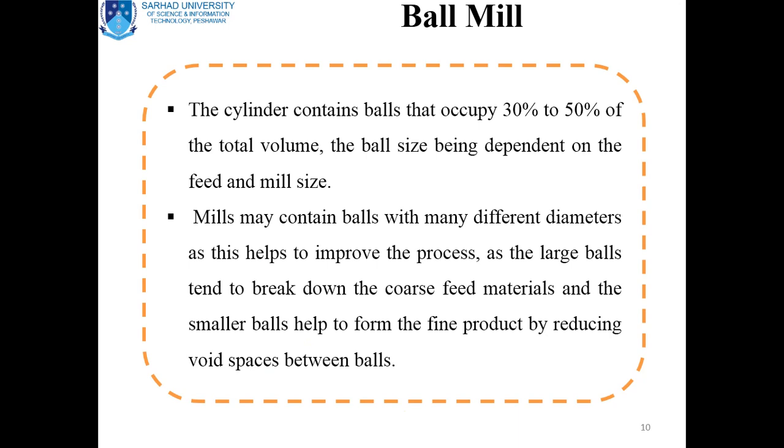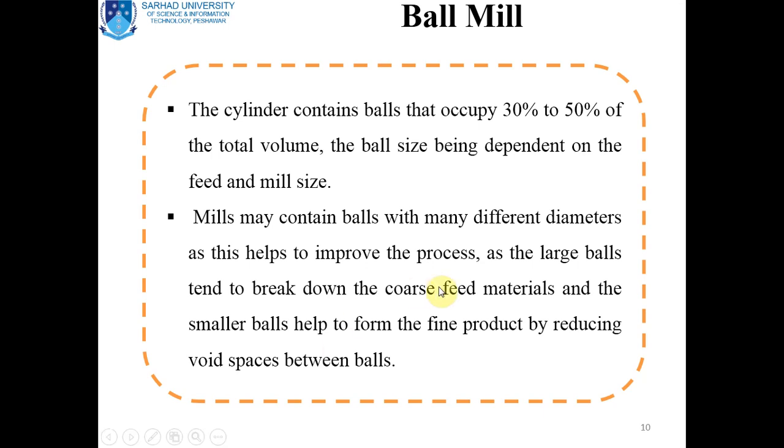And these balls occupy 30% to 50% of the total volume of the mill. The ball size depends on the feed and mill size. Mills may contain balls with many different diameters, as this helps to improve the process, as the large balls tend to break down the coarse feed materials, and the smaller balls help to form the fine product by reducing void spaces between balls.